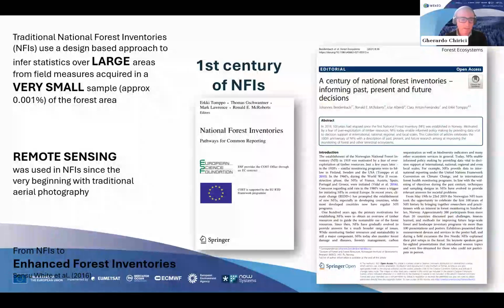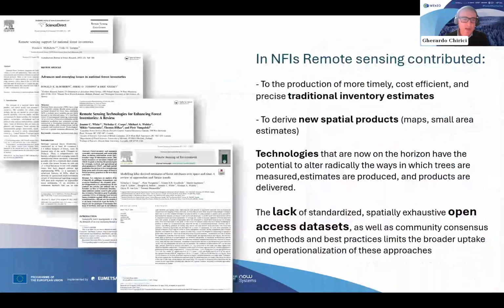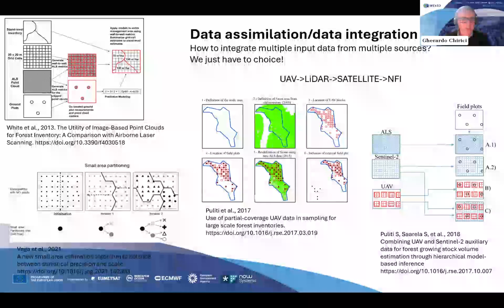I would like to put here some papers for those who are interested in having more information. I have some papers related to this kind of application. So we have a number of different techniques for combining Earth observation and field data.